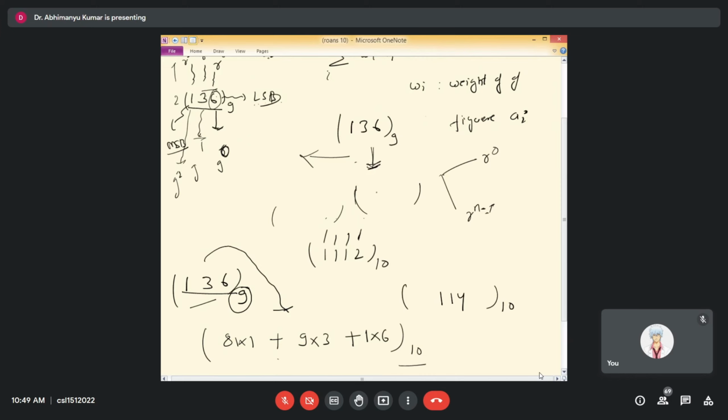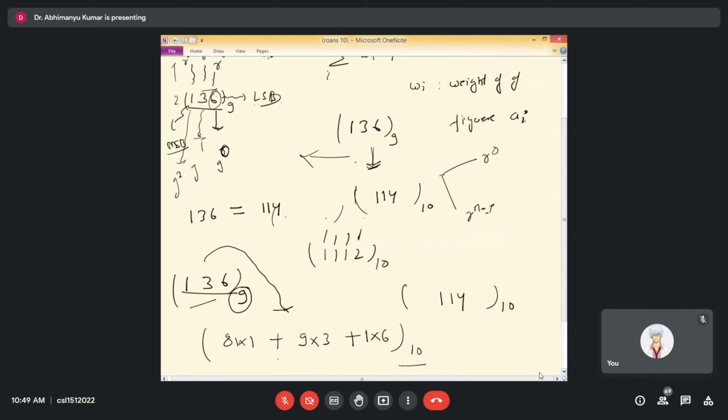So right now, these two things are representing the same quantity, only the representation is different. We cannot simply write 136 equal to 114, because by default both would be in decimal.